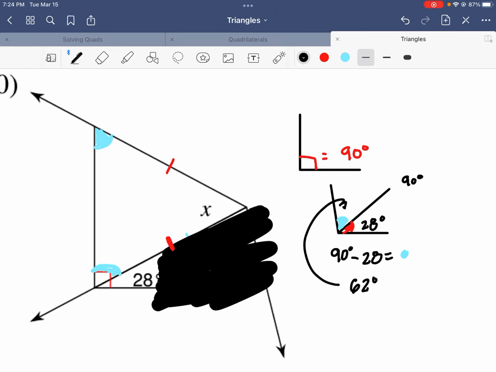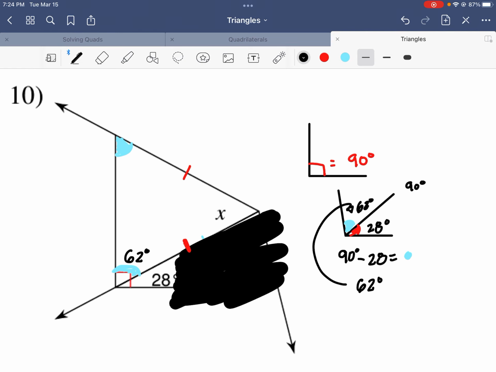So that means that this is 62 degrees right here. 62 plus 28 does in fact give me 90. Well, hold up. We just found out that two of these are congruent to each other. So that means that this is also 62 degrees because it's an isosceles triangle.